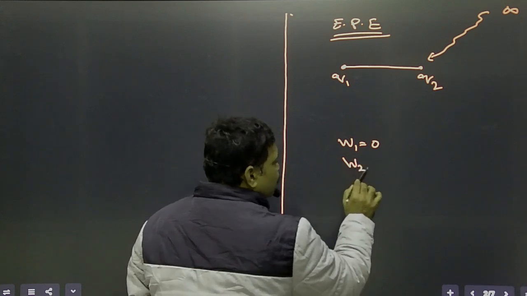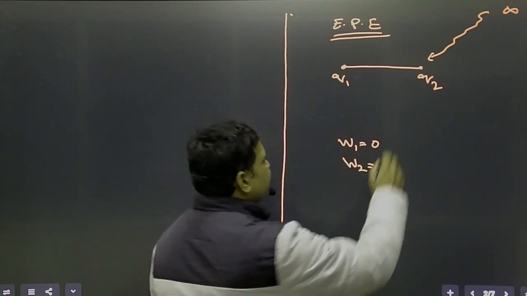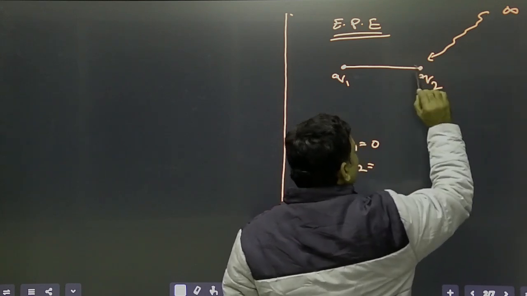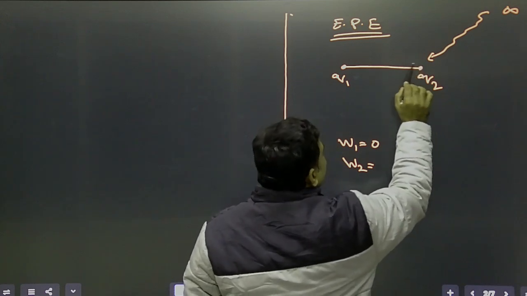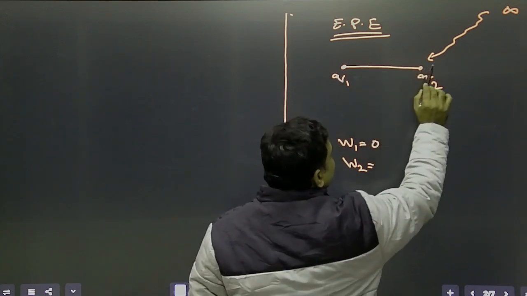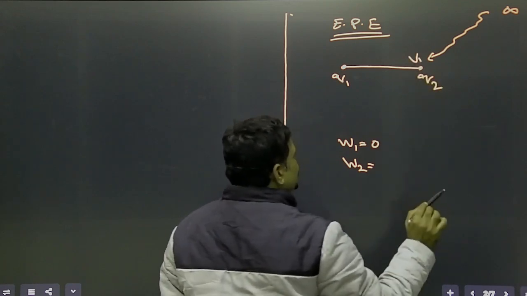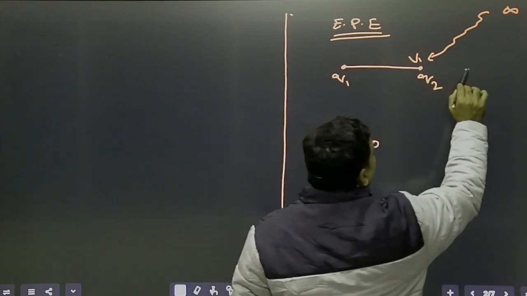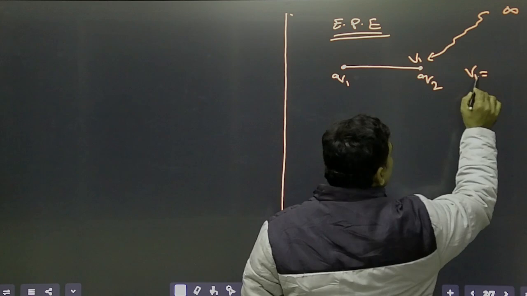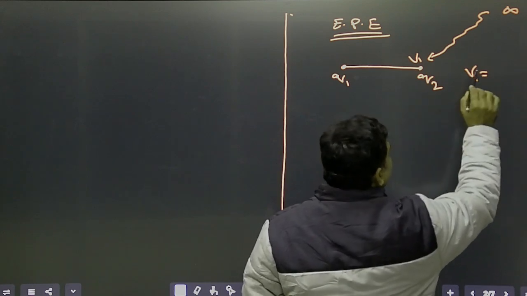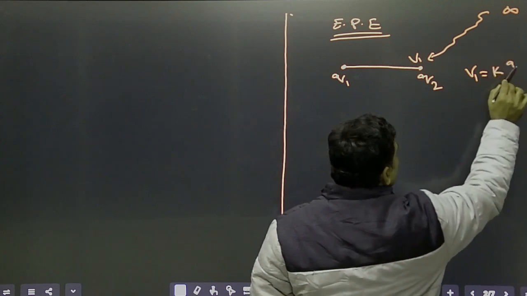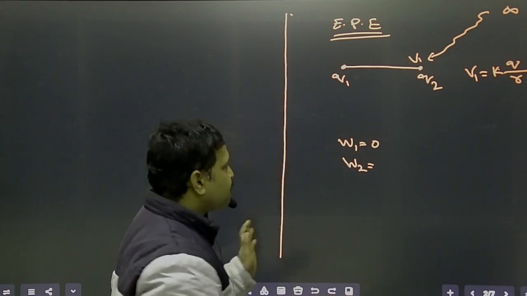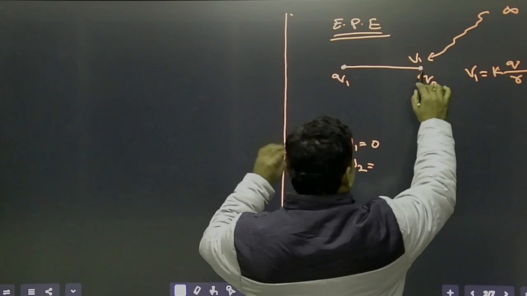We know that when a charged body is brought from infinity to q2's point, we need the potential due to this charge, suppose v1. We know the potential at any point due to a source charge is equal to k q upon r, where r is the distance between the charge and the reference point.